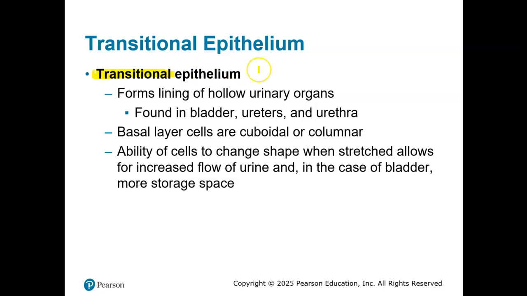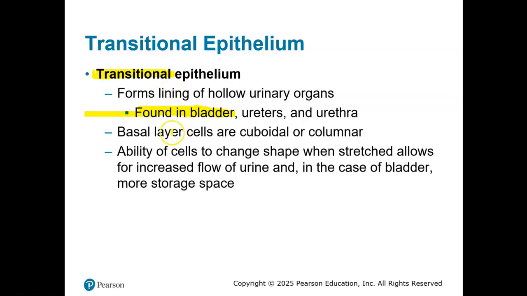This is going to take on a different appearance depending on if the tissue is stretched or if it is not stretched. So think about your urinary bladder, which fills with urine, and then sometimes it's full and sometimes it's empty. When it's full and stretched, the transitional epithelial cells look more squamous. They look more flat.